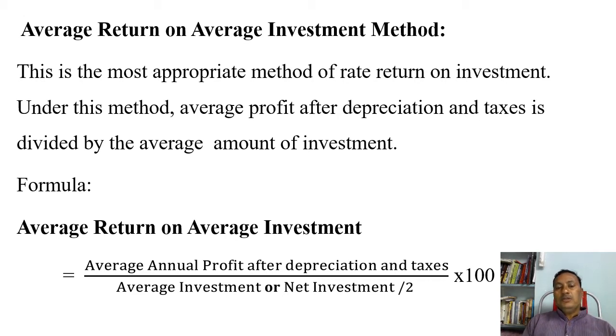Formula is average annual profit after depreciation and tax divided by average investment divided by 2. There are slight changes in the formula. Students are advised to be particular about the formula. Once you are particular about the formula, you can place the values easily.